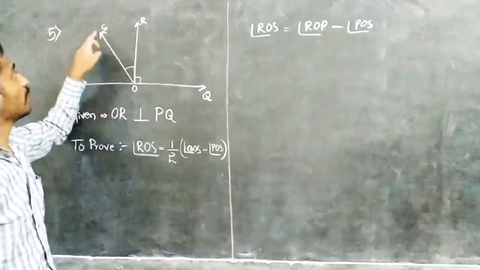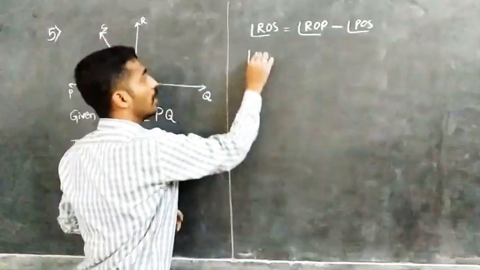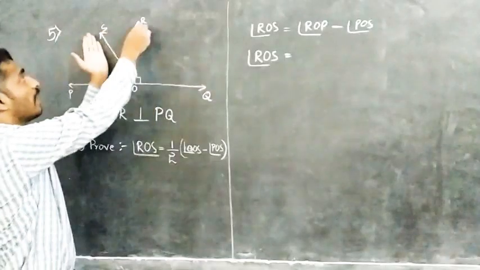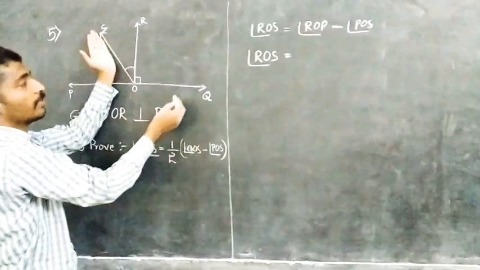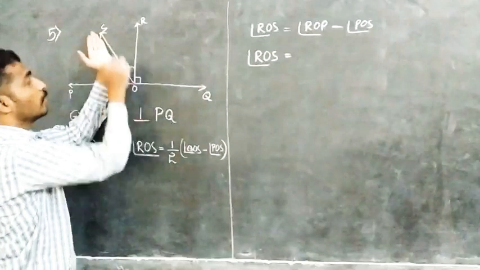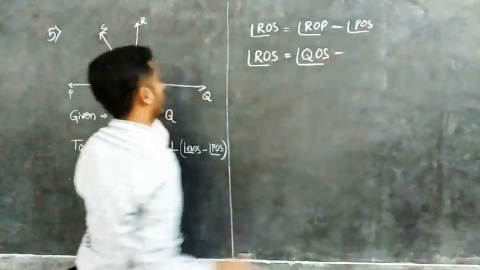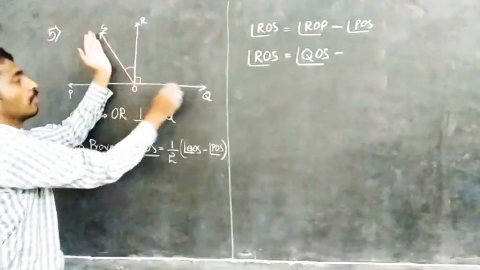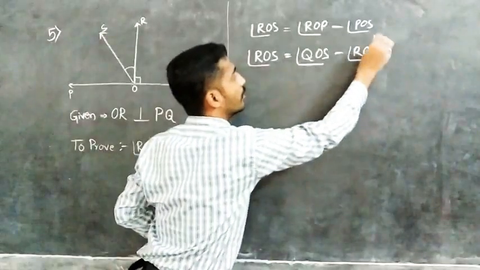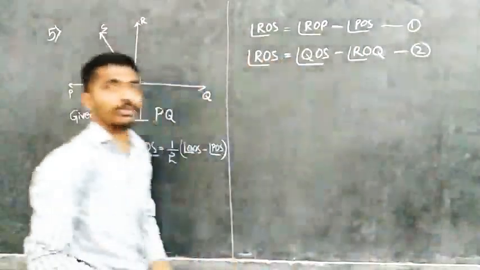On the right side, ROQ is there, but here we need ROS. So if you need ROS from the right side, what do you have to remove? You have to remove SOQ, or else QOS minus ROQ. So let's take equation 1, equation number 2.